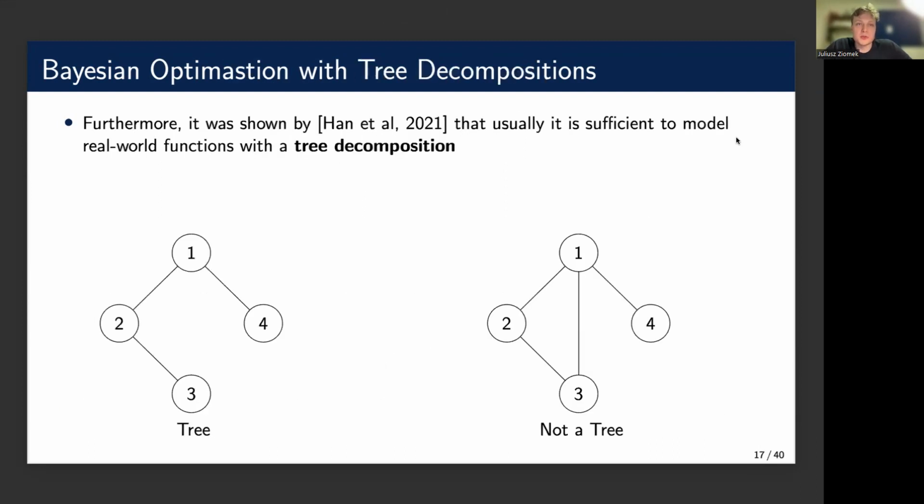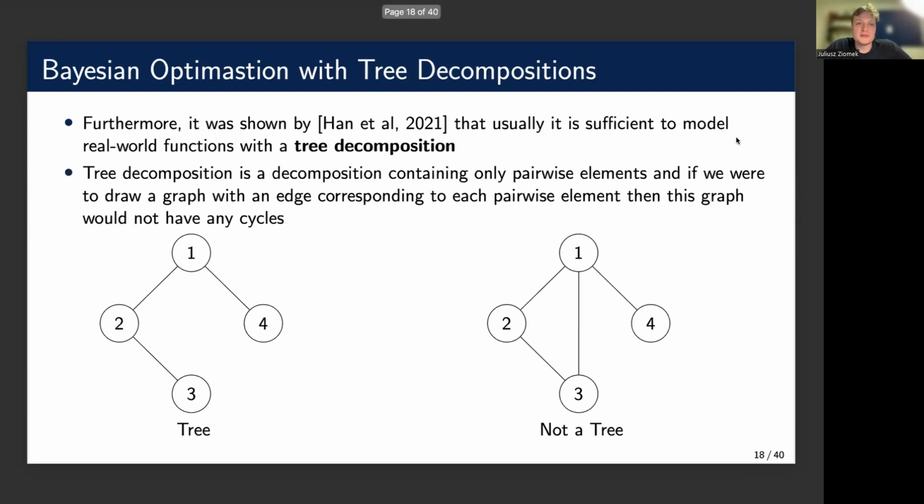Furthermore, it was shown later on that usually it's sufficient to model more real-world functions with simply a tree decomposition. A tree decomposition is a decomposition that only contains pairwise elements. So with each of those sets in the collection, there are only 2 dimensions at once. And if we were to draw a graph with an edge corresponding to each pairwise element in this decomposition, sorry, there's an error on the slide, then we would not have any cycles.